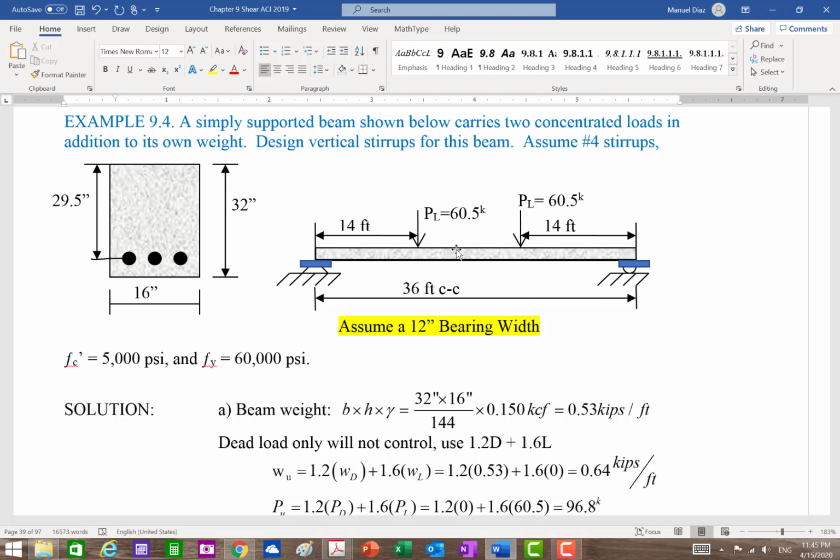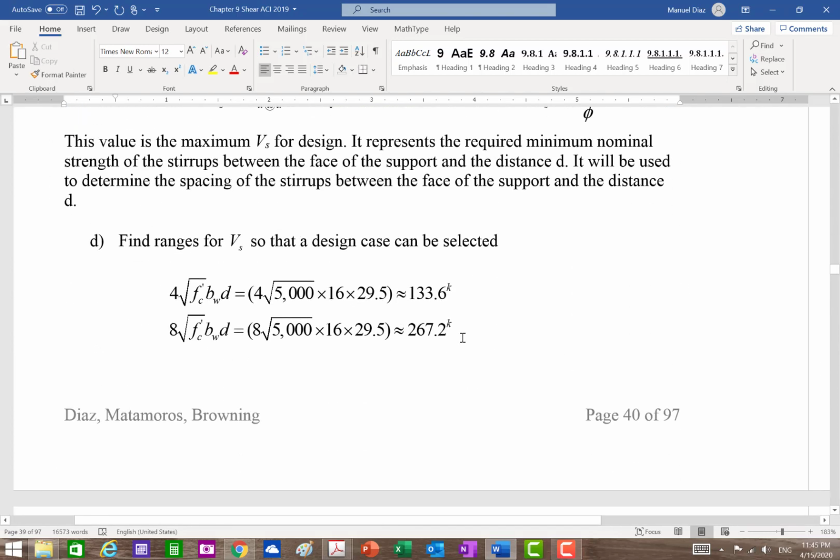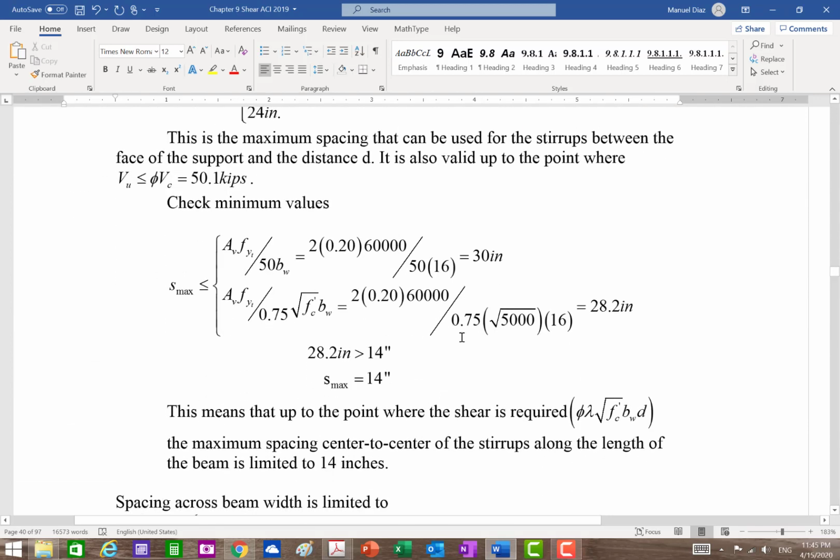But we don't have a minimum area of stirrups. What we have instead is the spacing that corresponds to the minimum area of stirrups. And that spacing is 28 inches. So, from that point that we just found to the center of the beam, I need to add some stirrups that are spaced at 28 or less. Okay?